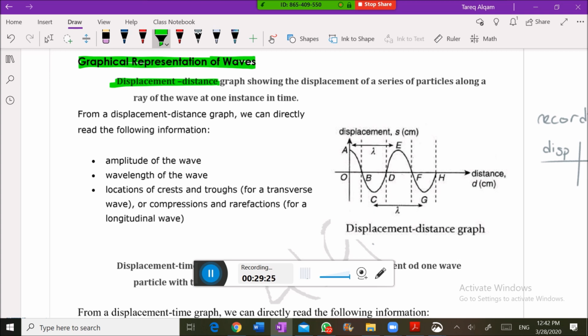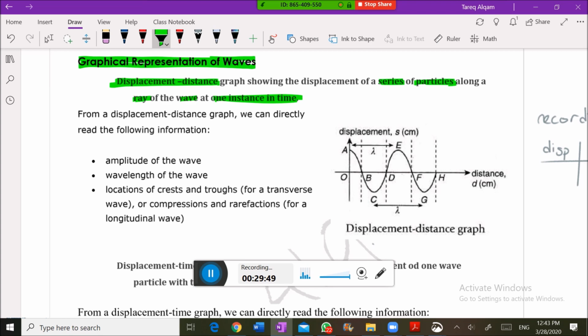Okay guys, so we have displacement distance. A displacement distance graph shows the displacement of a series, focus on series, of particles along the ray of the wave at one instant in time. Like what I did here, watch.